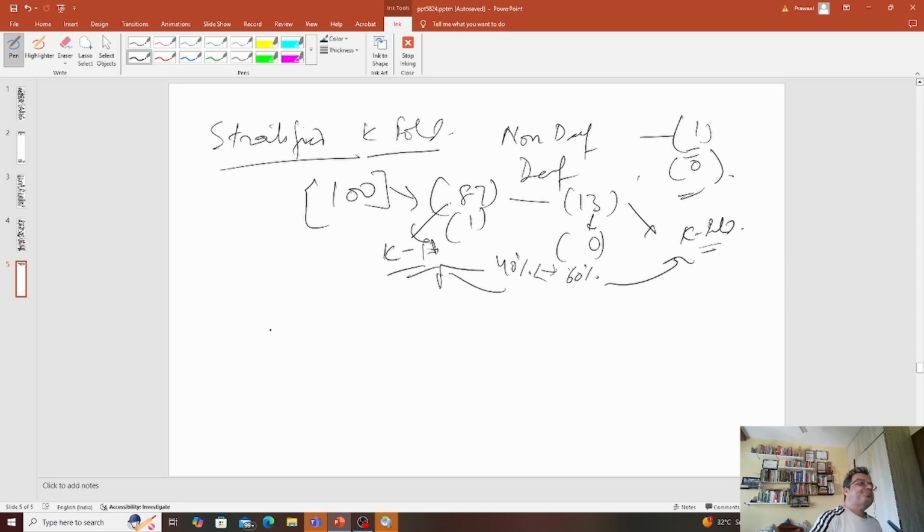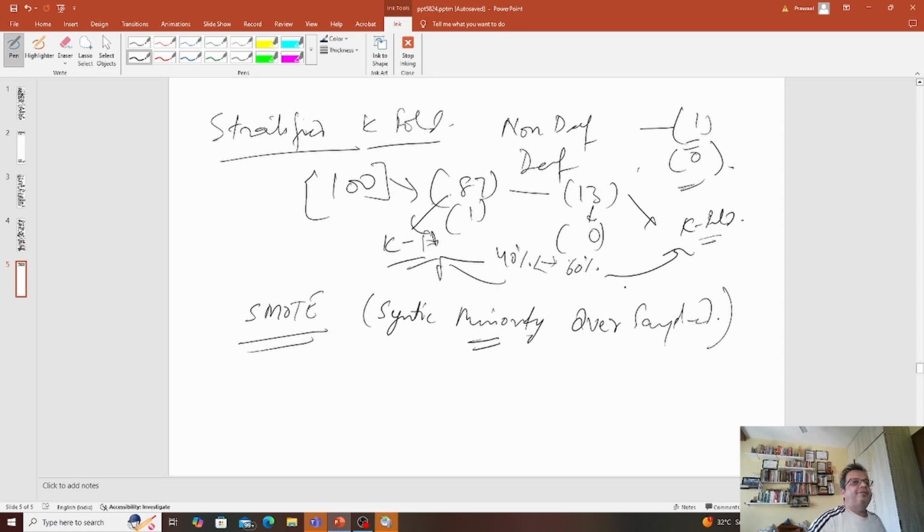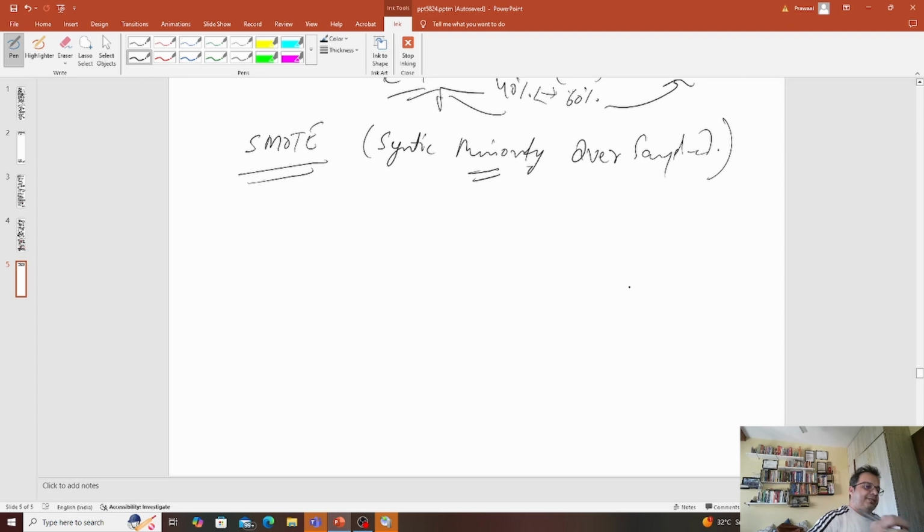There is a variant called SMOTE, which is synthetic minority oversampling, which is also something similar, but it says that the minority is oversampled. So that's the means to live with methods where your data is not so balanced.